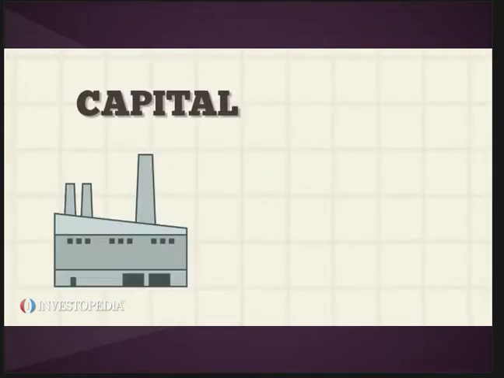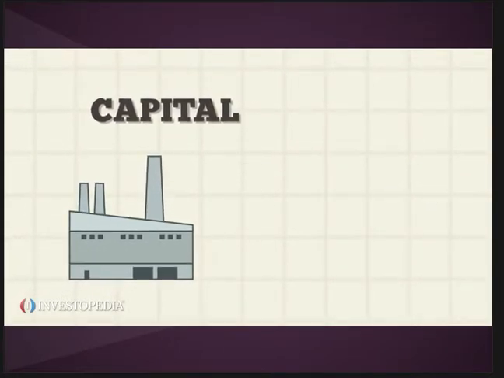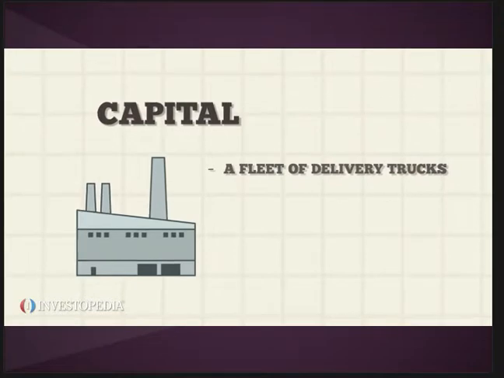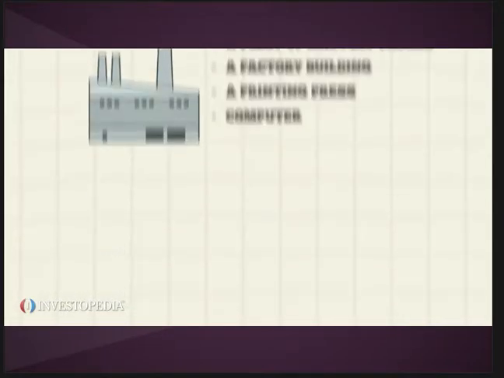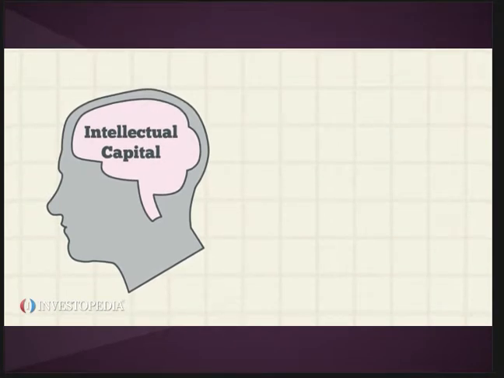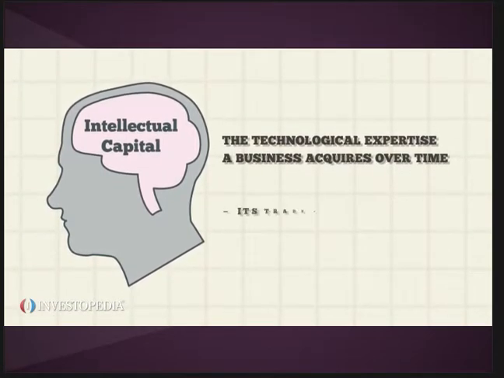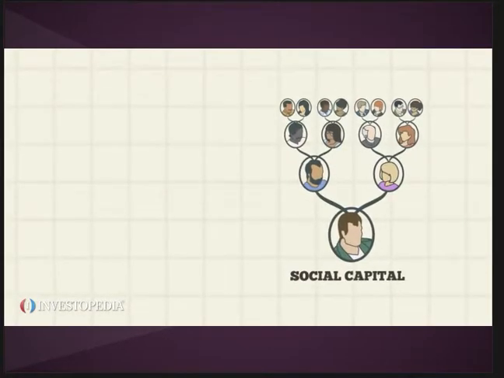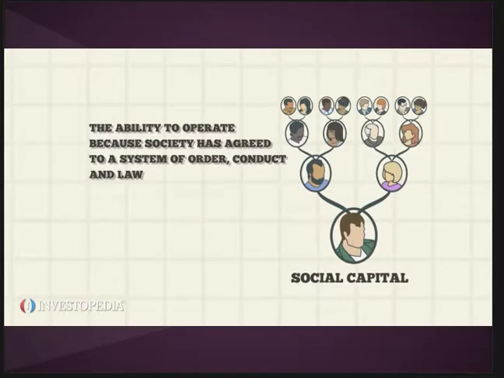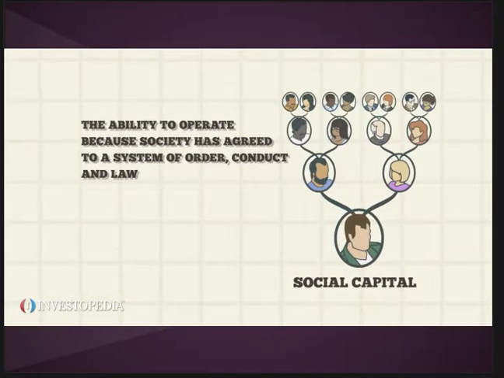Capital refers to the buildings, machines, and tools used in the process of production. Capital is anything from a fleet of delivery trucks, to a factory building, to a printing press, or a computer. Intellectual capital is defined as the technological expertise a business acquires over time, its trade secrets, and unique business processes. There is also social capital, the ability to operate because society has agreed to a system of order, conduct, and law.